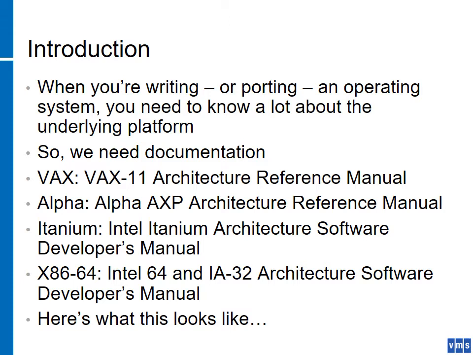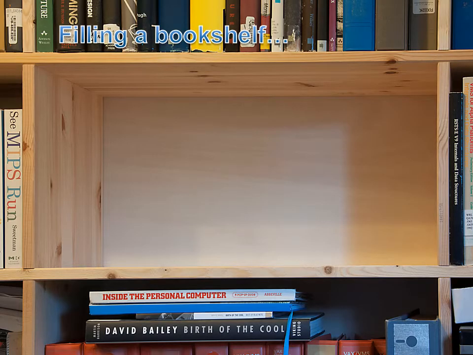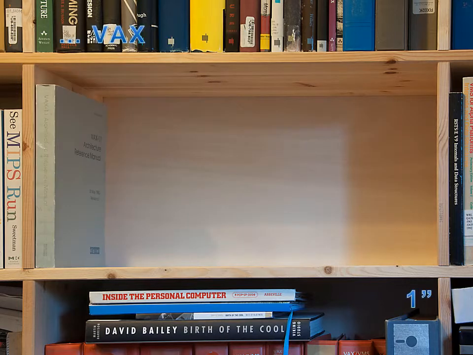And just for fun, I'm going to show you what these books look like. This is a bookshelf that I'm hoping to fill. So I'm going to add VAX in. 1 inch of documentation. We're not going to fill our bookshelf this way. So let's add Alpha.